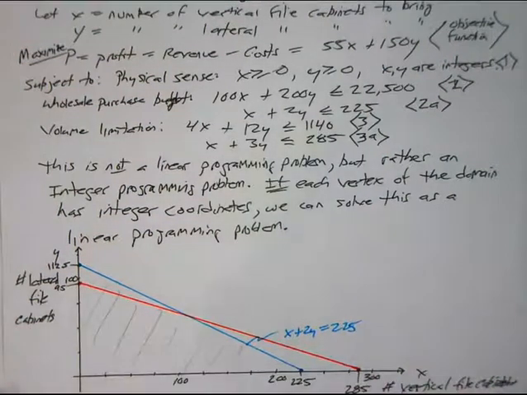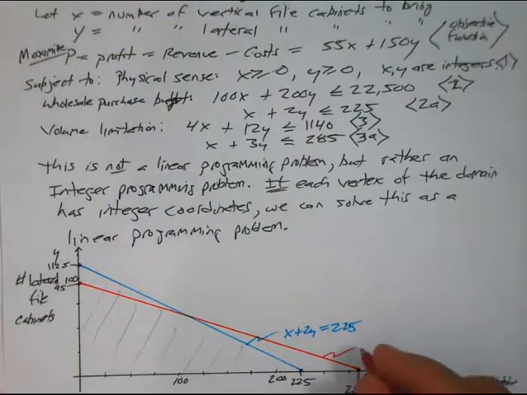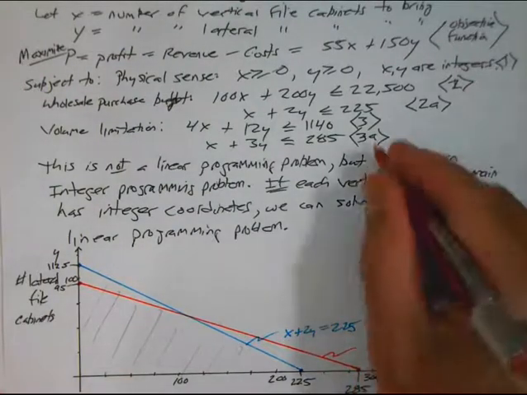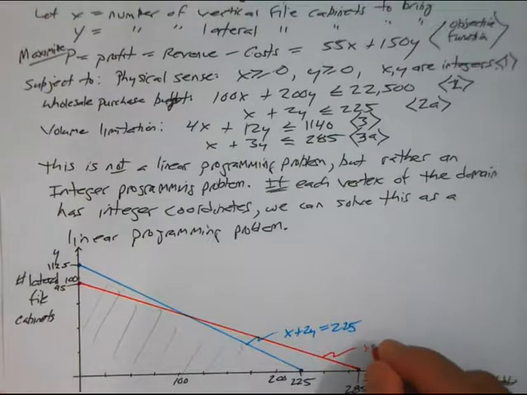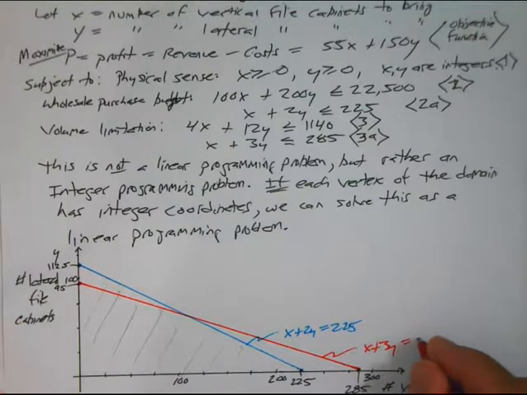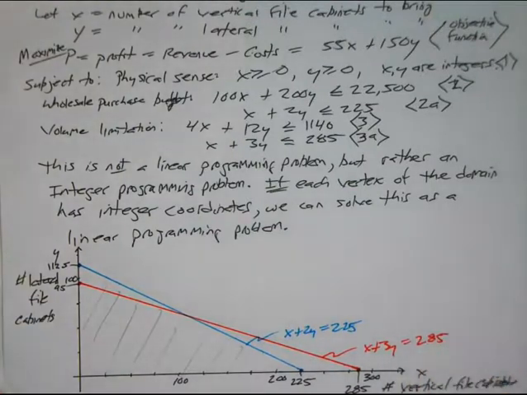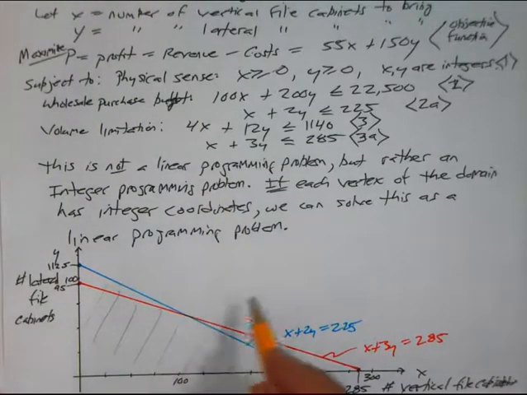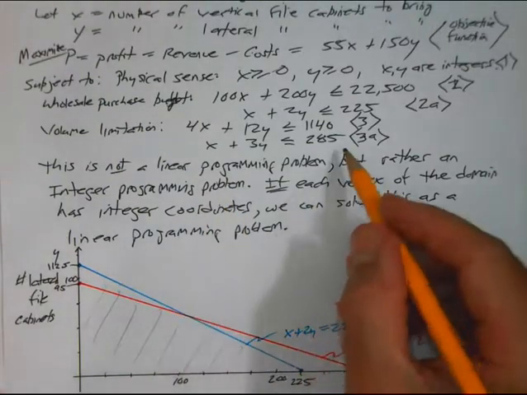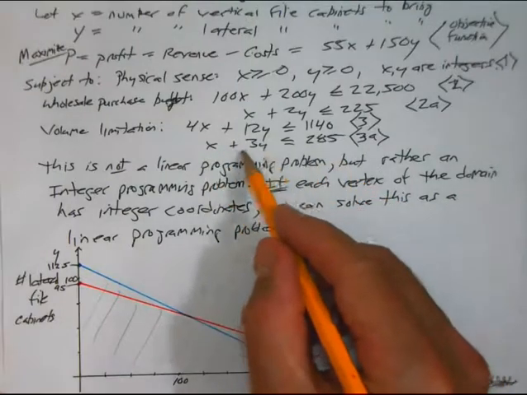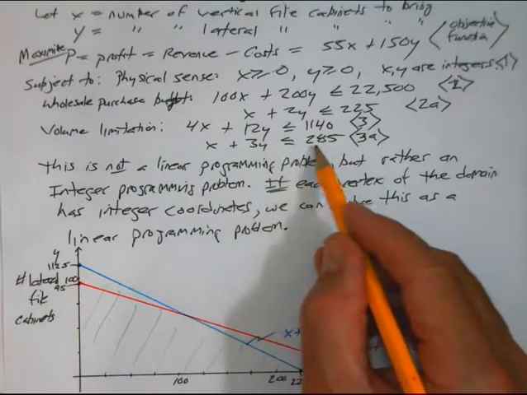Okay, let's label this boundary line with its equation. This would be 3a here, x plus 3y equals 285. And as we test our 0, 0 point here to see which side of this red line to be shading for its solutions, 0, 0 less than or equal to 285 is true.